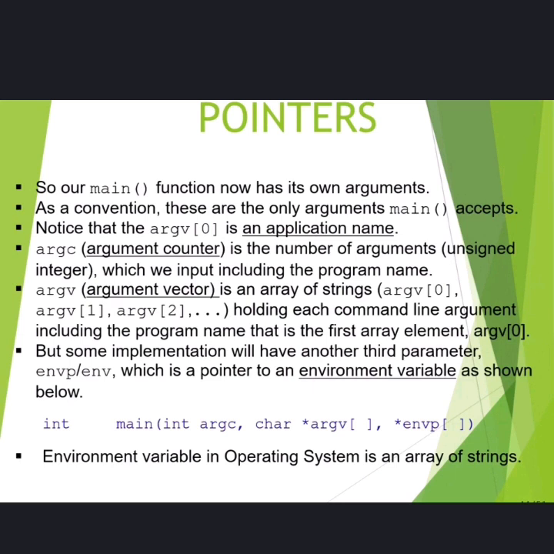Argument vector is an array of strings holding each command line argument including the program name, that is the first array element argv[0]. But some implementations will have another third parameter, envp or env, which is a pointer to the environment variables as shown below.